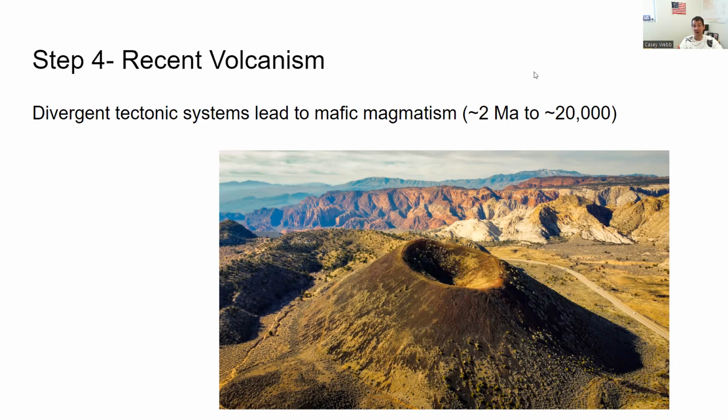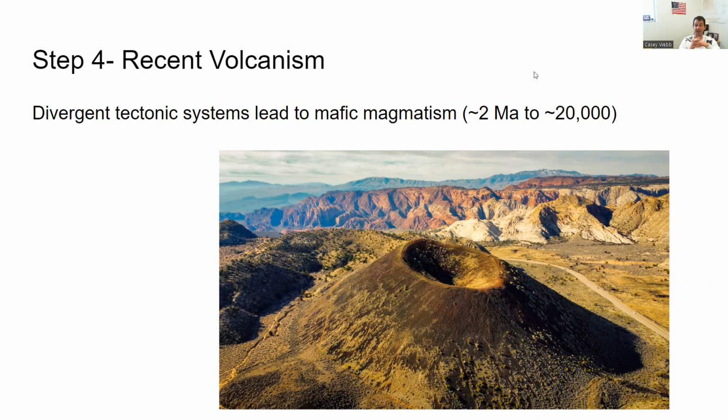So why do we have all of this volcanic activity? Well, this actually relates to the tectonic setting. Currently, we are in the basin and range tectonic setting, so the region is being stretched apart. As the region is being stretched apart, that is releasing the pressure on the lithosphere, and that actually allows for melting to occur more easily.